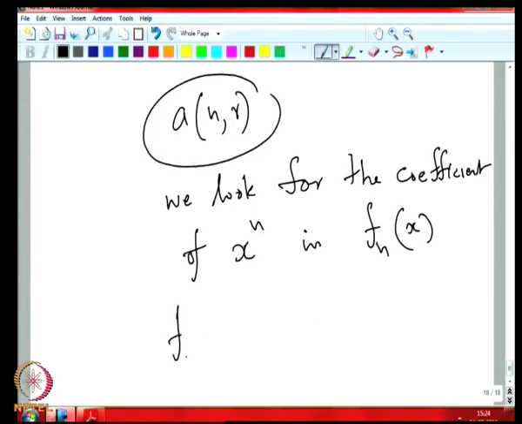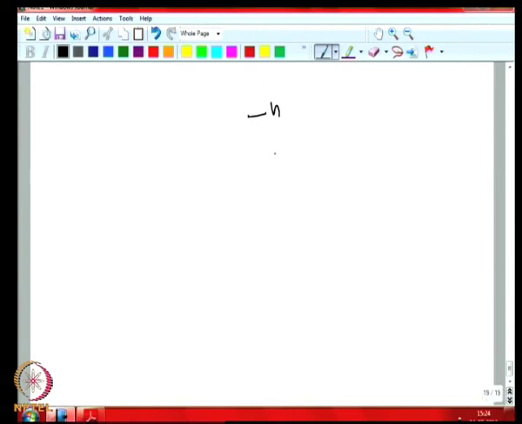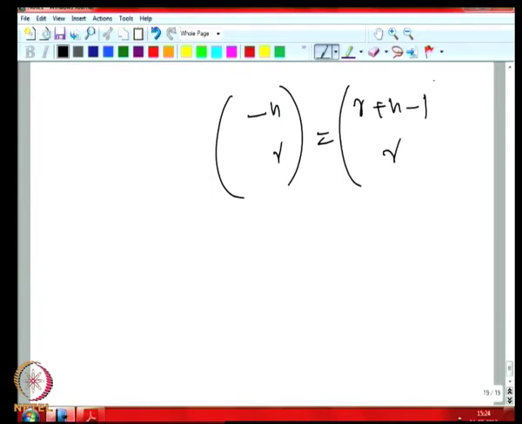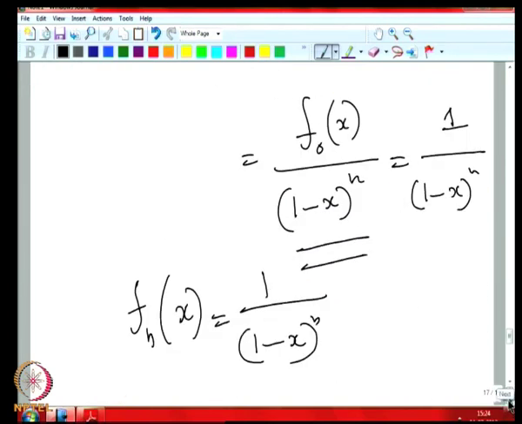Because f n of x is equal to 1 minus x raised to the power minus n, we know the coefficient is minus n choose r, which is what? r plus n minus 1 choose r. This we already know the answer, but we can derive it this way also using the method of generating functions. So, that is the derivation for this.